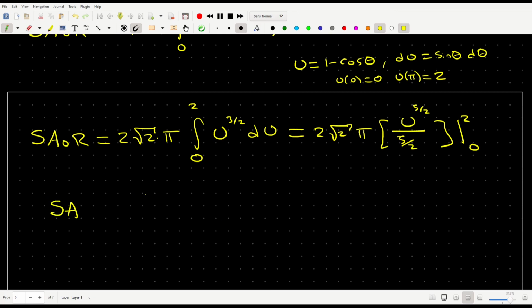The surface area of revolution of the cardioid will simplify to 2 times 2 is 4. You have 4 square root of 2 over 5 times pi times 2 to the 5/2.